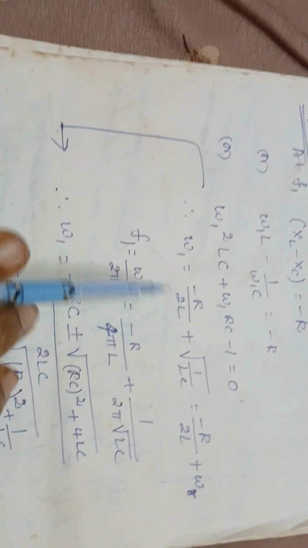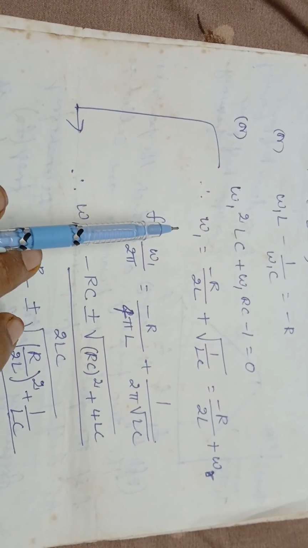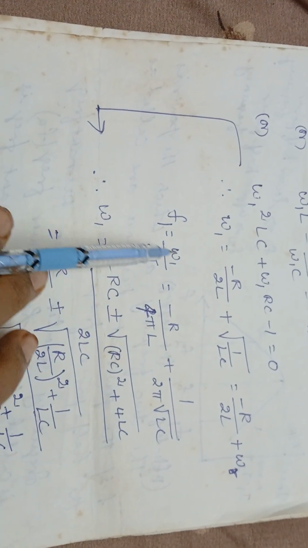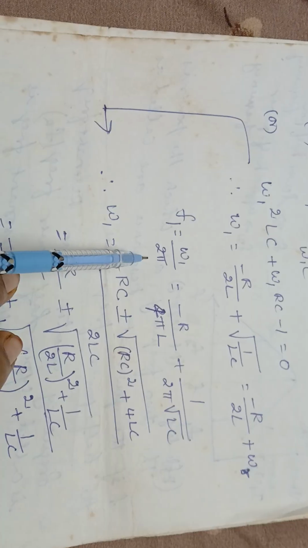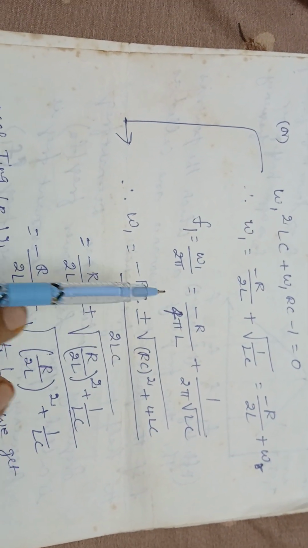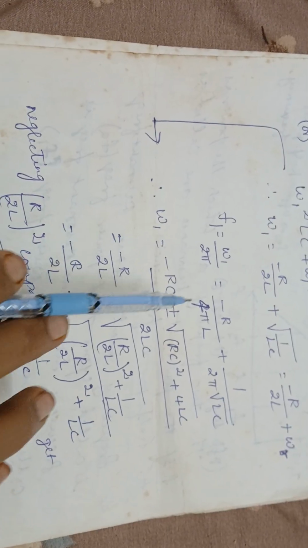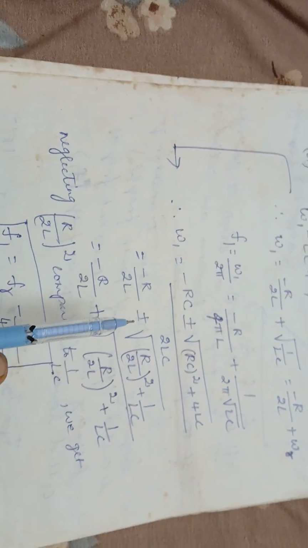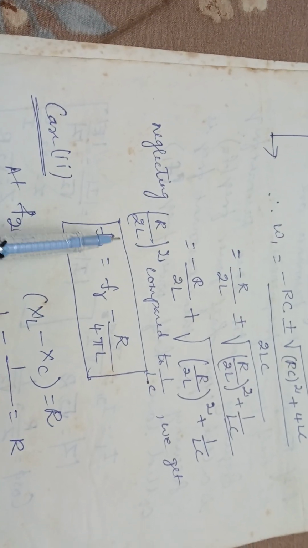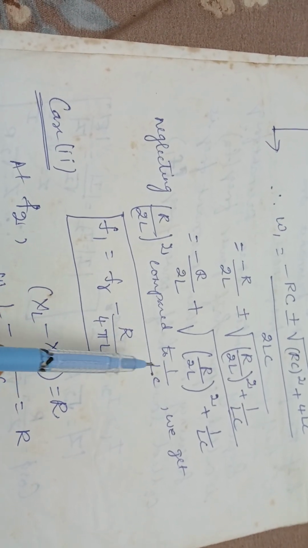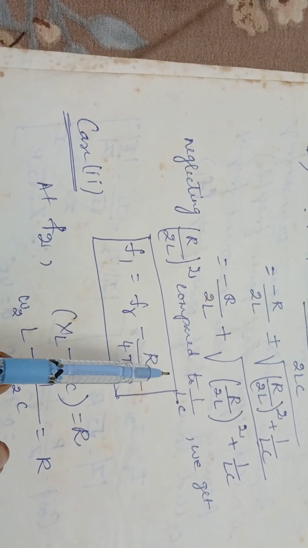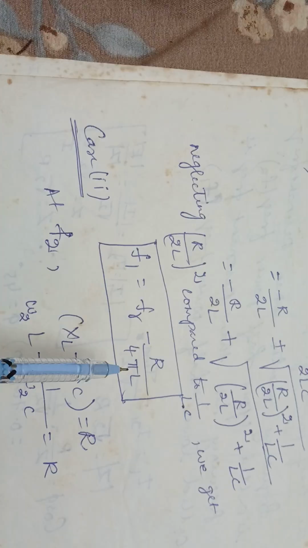F1 is nothing but omega 1 divided by 2 pi. Neglecting (R by 2L) the whole square compared to 1 by LC, we get F1 is equal to FR minus R divided by 4 pi L.